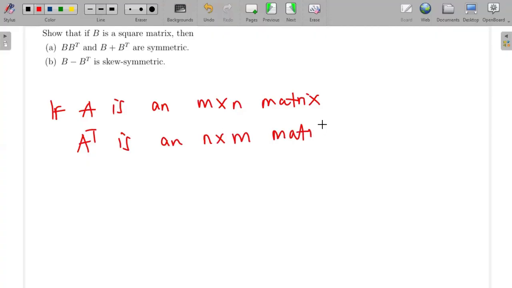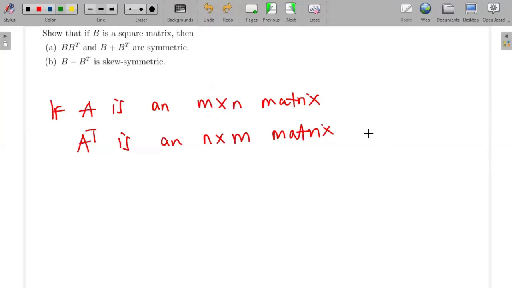So what do we see here? We see that we have just interchanged the rows and the columns. So here, this is what we call the order of the matrix. So it's obtained by multiplying the number of rows by the columns. Here, the number of rows are M, the number of columns are N. But in the transpose, we interchange. So the number of rows now here are N, and then the number of columns are what?